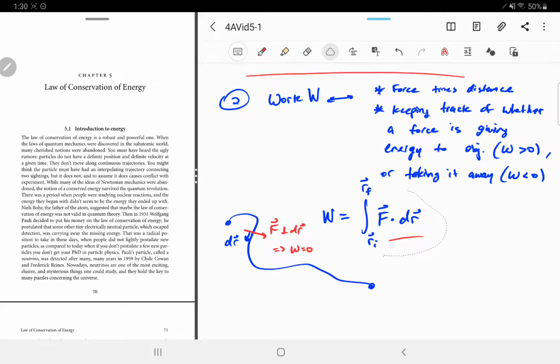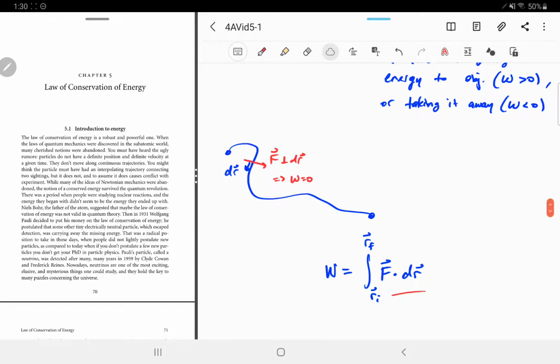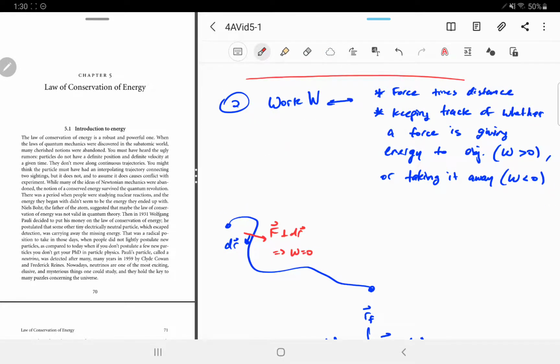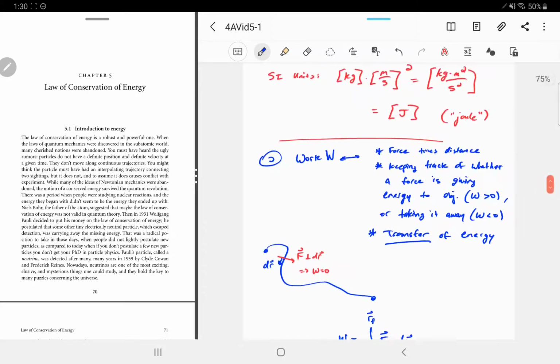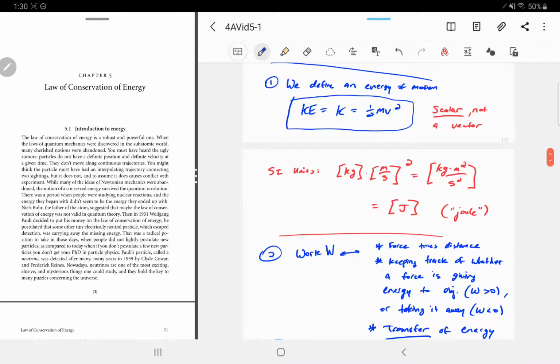One other thing I want to mention, let me make room for it here. One other thing about work is that it's a transfer of energy. Energy is some quantity. Energy is different from force because a force is not something you can give to someone else.